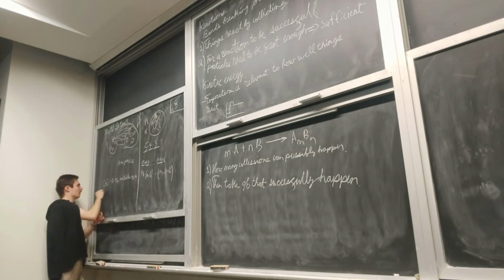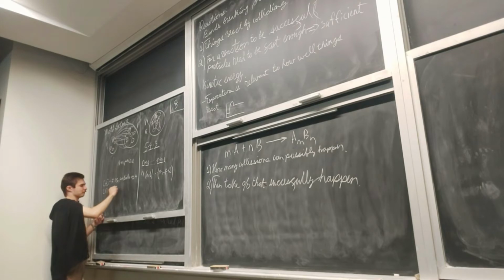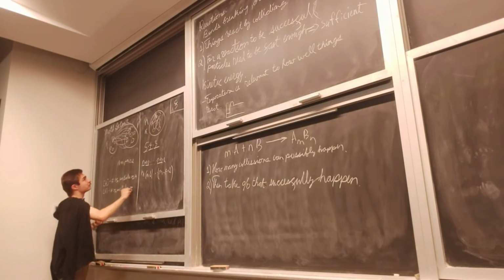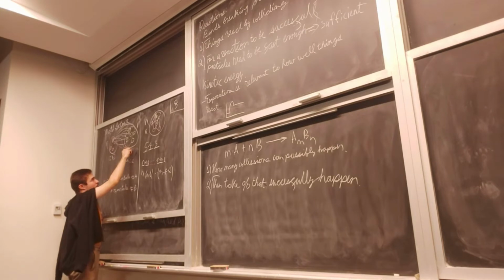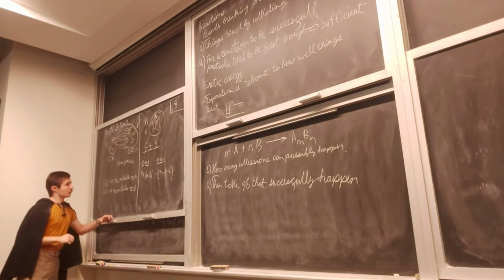And then B is the number of particles of B. Do you agree? Okay, so this has [A] particles, and this has [B] particles.